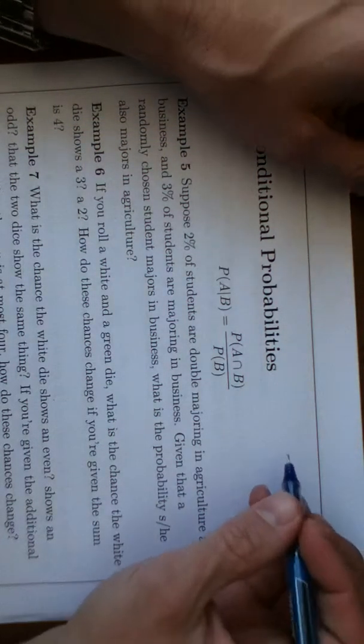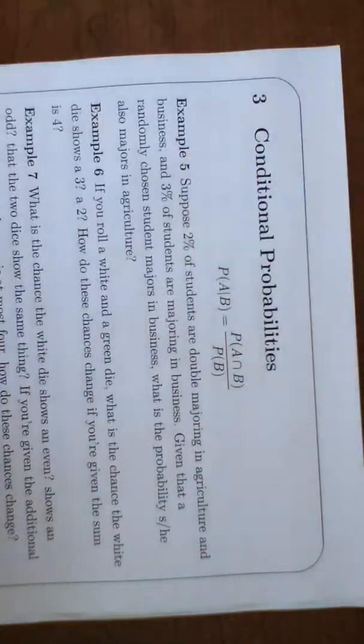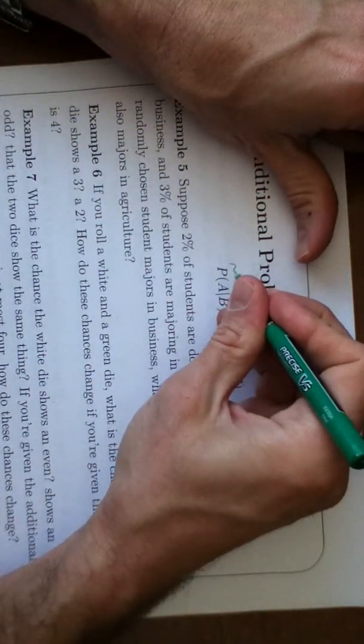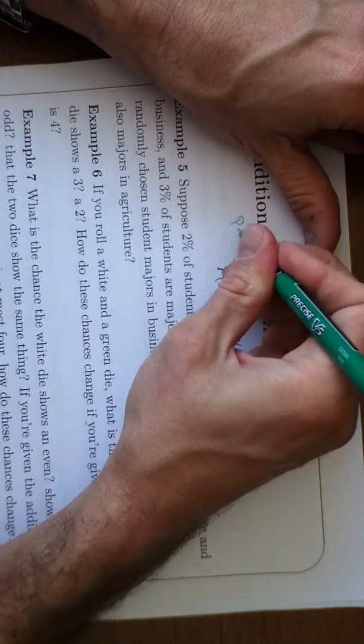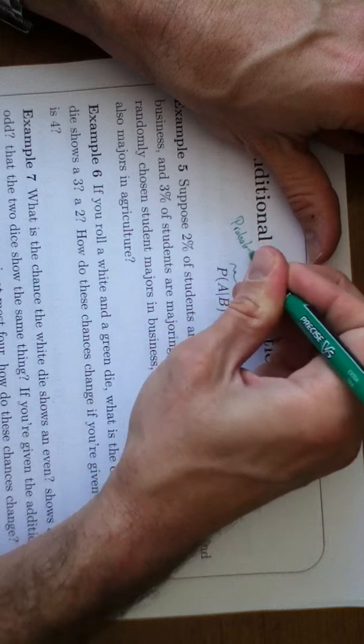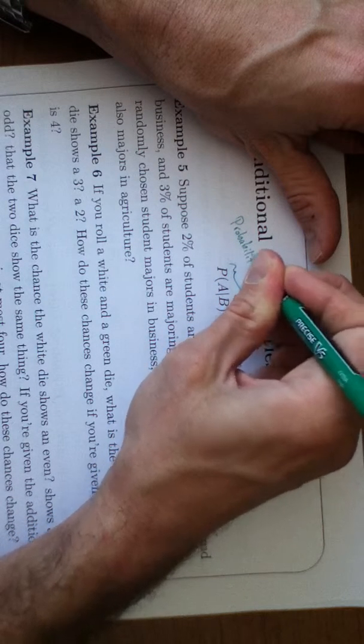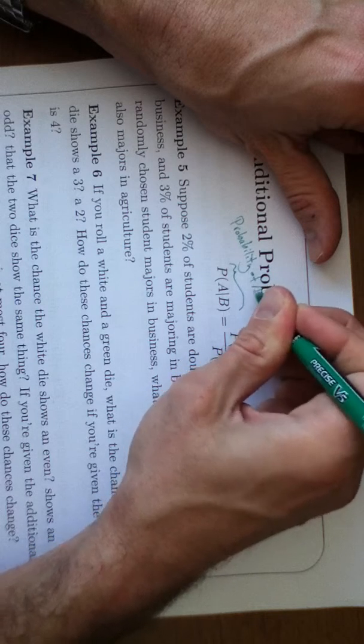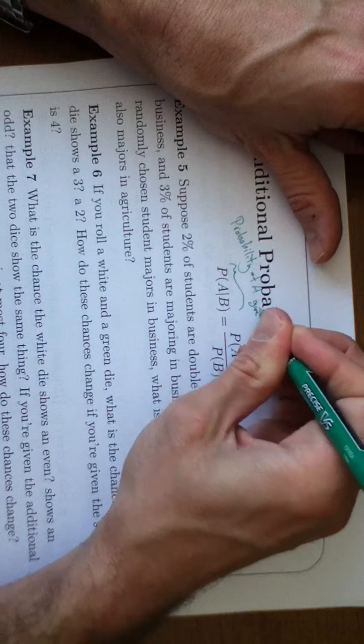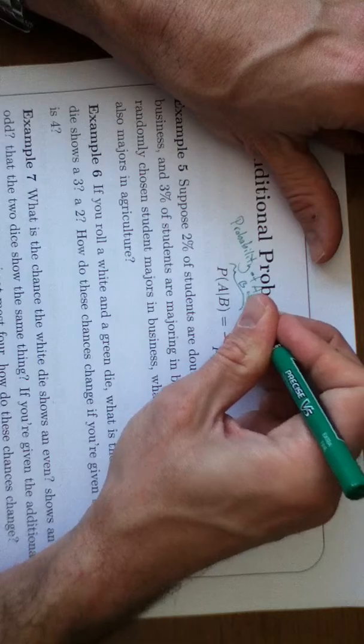Now, here's the idea. First of all, what does this mean? You can read this as the probability of A given B has occurred.